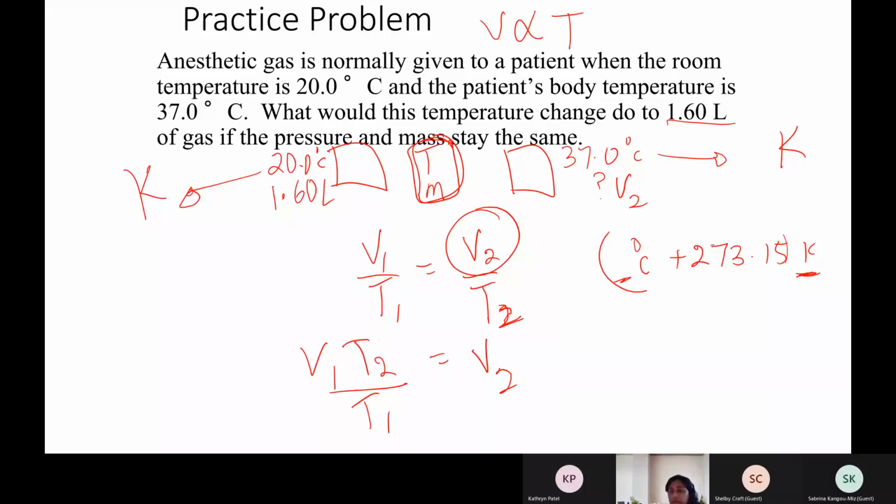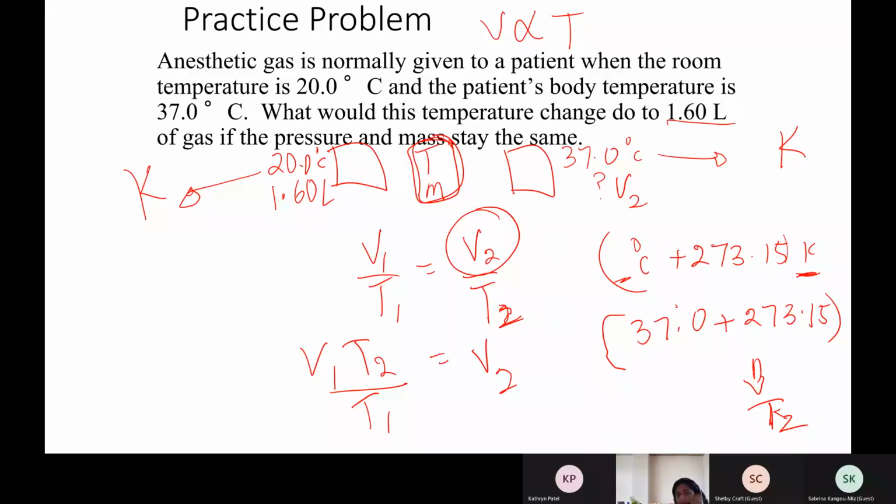So you add 37.0 to 273.15 to get T2. Any other questions? If there are no other questions, I'll move to the next problem.